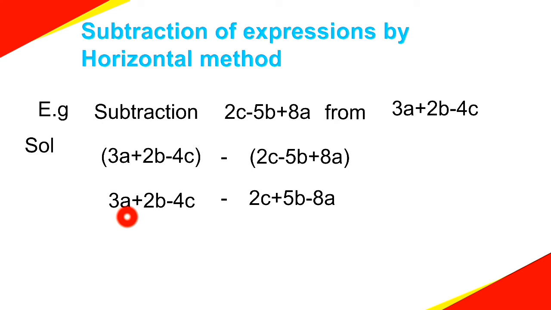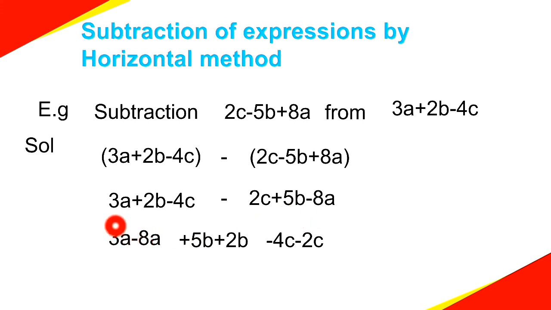Now in this expression, we can take like terms on one side and unlike terms on the other. So here you can see 3a and 8a, the two are on one side: 3a minus 8a. Next 5b plus 2b. Next minus 4c minus 2c.